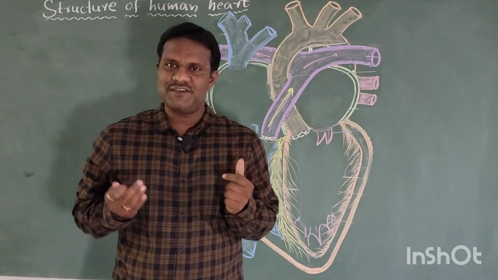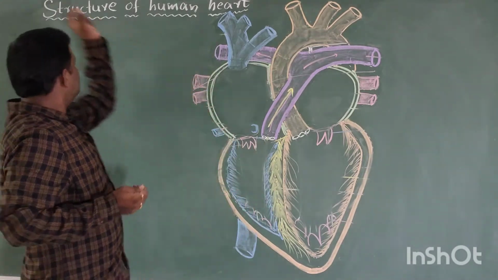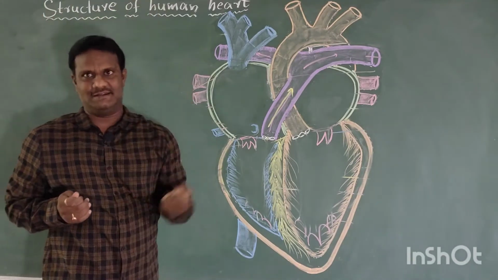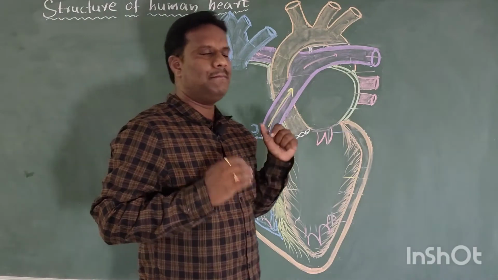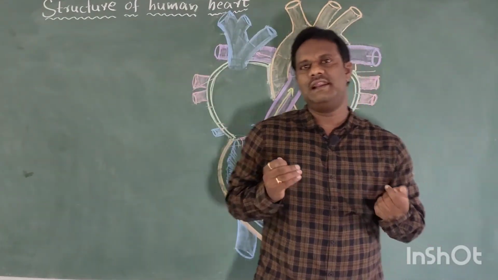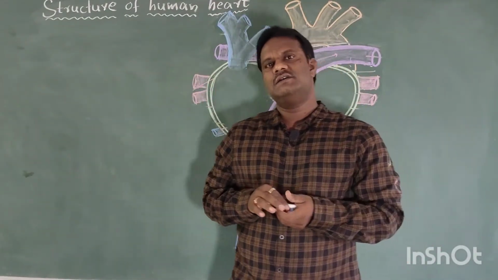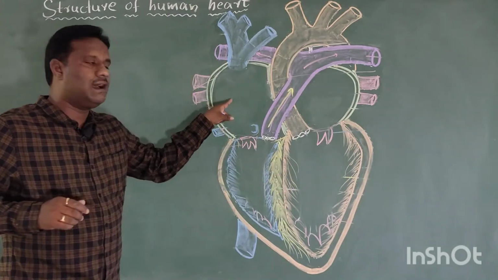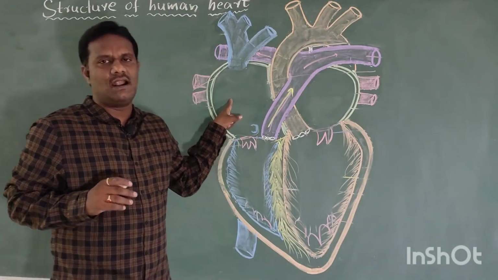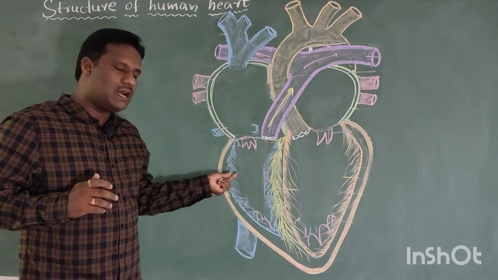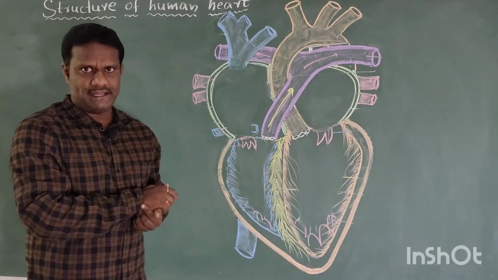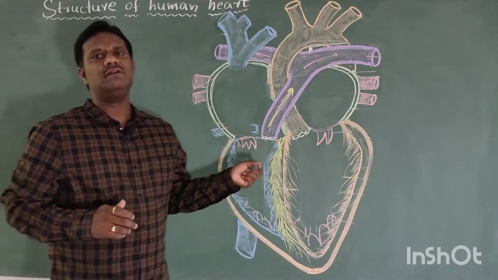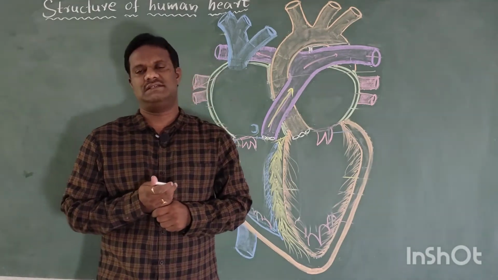Let us see, today we are learning about the structure of the human heart. The human heart consists mainly of 4 chambers. 2 chambers located in the upper region are called atria, and 2 chambers called ventricles are located below the atria. So there are 4 chambers of the heart in humans and mammals.